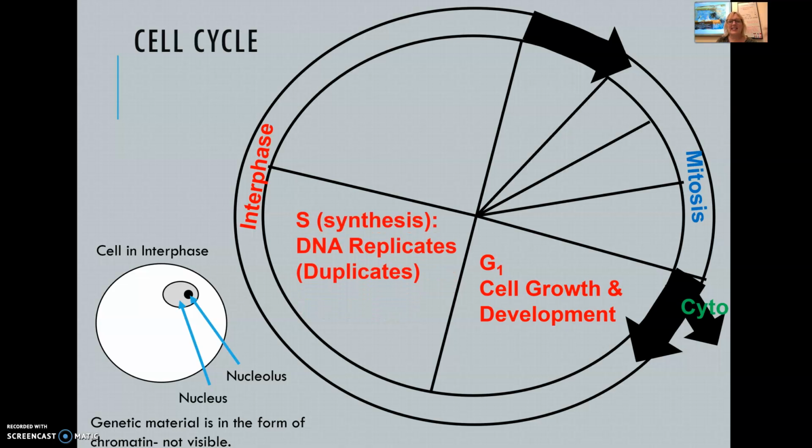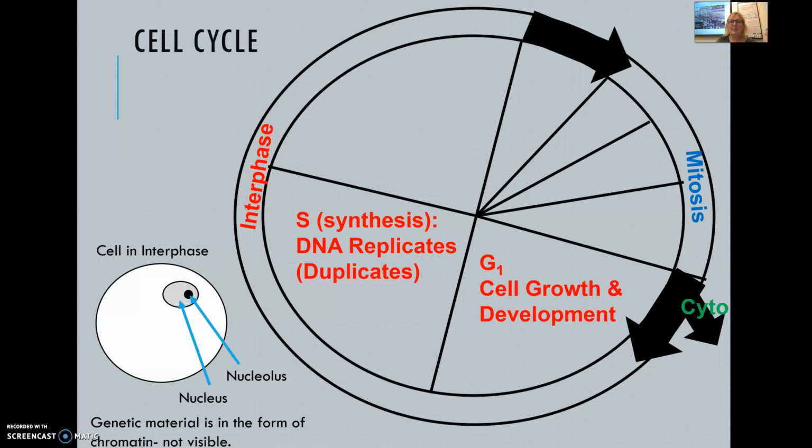And the S stands for synthesis. And this is where the DNA replicates itself. And replicates is a fancy word, just means duplicates. So it's making another copy of the DNA because eventually it's going to make two cells. And each cell needs a copy of that DNA.